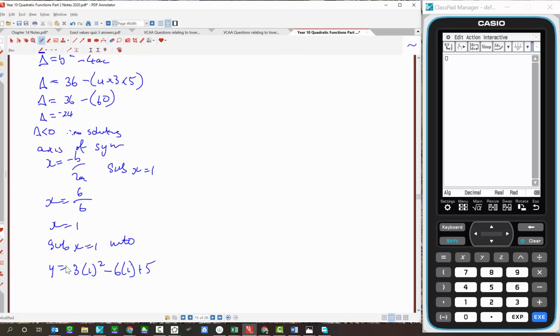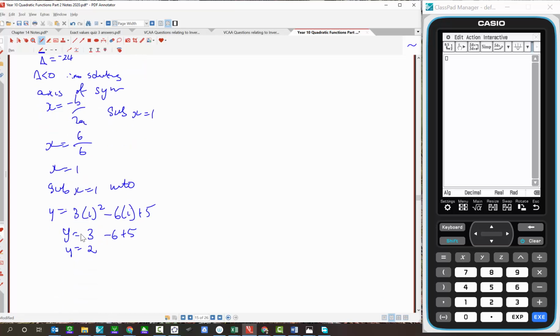So that is y equals 3, take 6, plus 5, which is 3 take away 1, which is 2. So our turning point now, girls, is 1, 2. All right, let's sketch this thing.